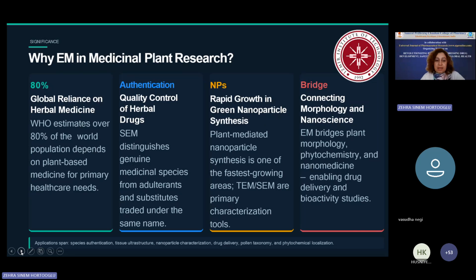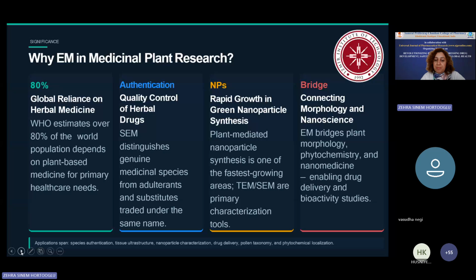SEM distinguishes genuine medicinal species from adulterants and substitutes traded under the same name. Nanoparticles are very important nowadays, with rapid growth in green nanoparticle synthesis. Plant-mediated nanoparticle synthesis is one of the fastest growing areas.